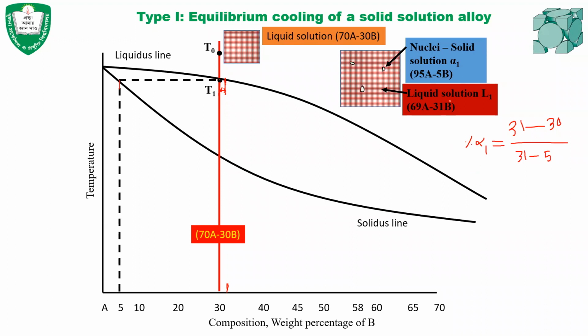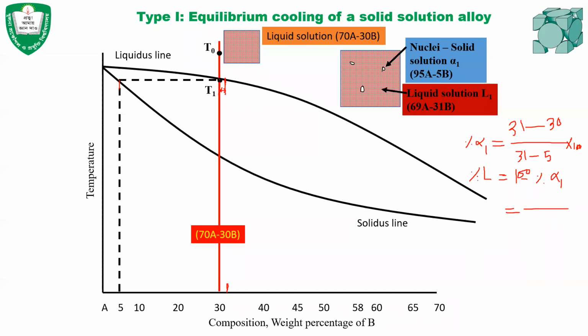And to find how much percentage of liquid is present, we can simply do 1 minus the percentage of alpha 1. To make it a percentage, you can use 100 minus percentage of alpha 1. Or another way is that you can use the formula directly.